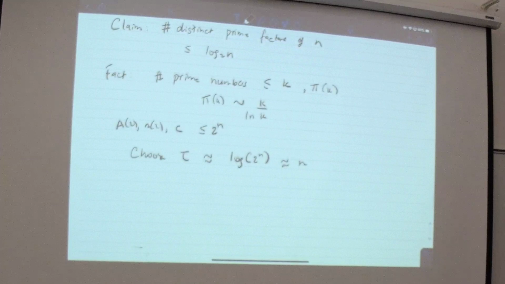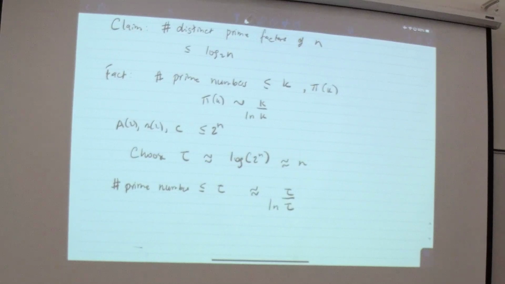We know that the number of prime numbers less than or equal to tau is roughly tau divided by log tau, from this claim. So there are lots of prime numbers there. Pick one of them at random.